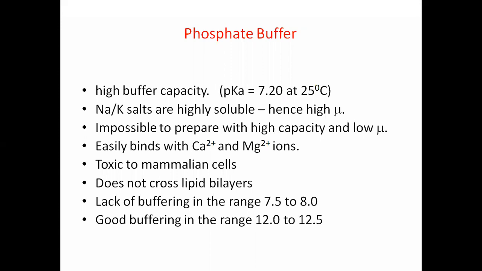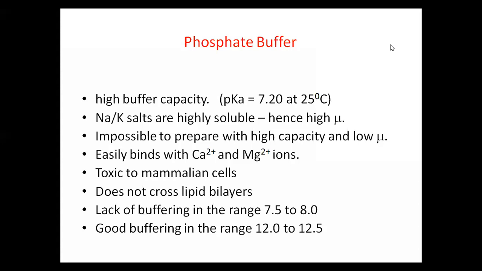The phosphate buffer has a very high buffer capacity, and the pKa value is 7.20 at 25 degrees centigrade. pKa means the dissociation constant of the acid.